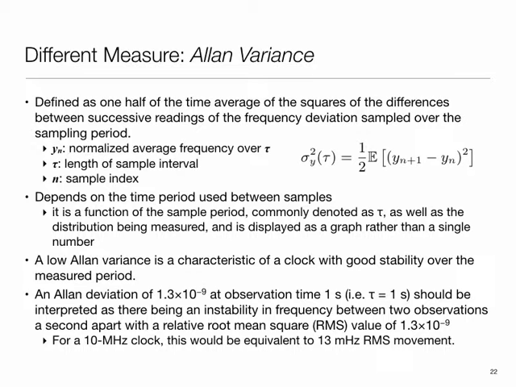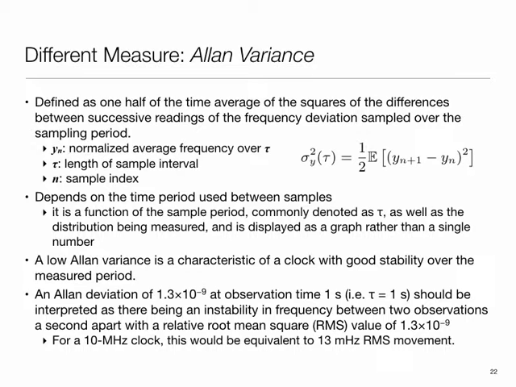So I get a new time series, which is the normalized average frequency over a period of tau. And then I'm going to take the variance. Basically I take successive samples of that smoothed time series, squared, and its expected value. The key point here is that this depends on tau, because the y's were smoothed over tau.